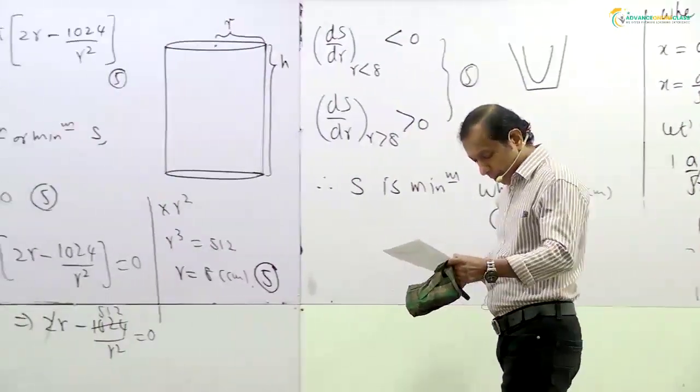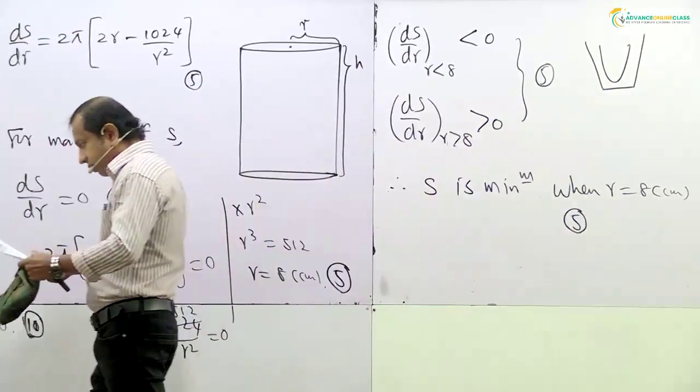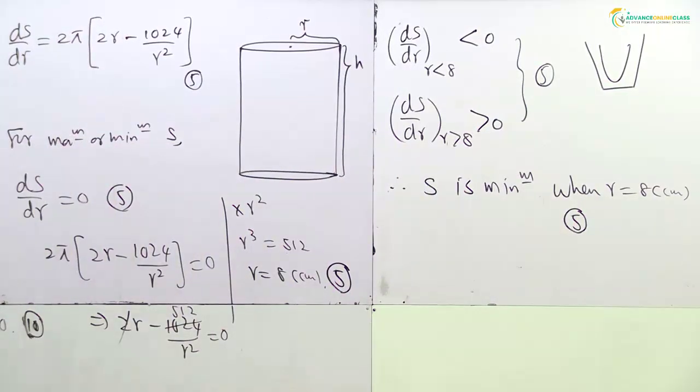Next one is circles. Who did this circle question completely? Yes, circle question. That's also a 2024 past paper question. Very simple question.